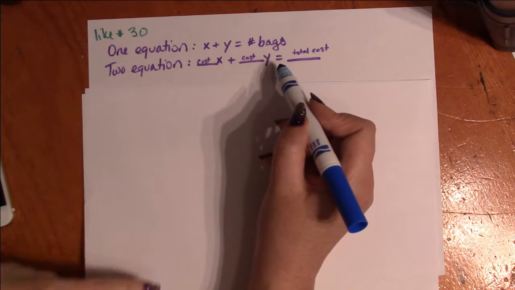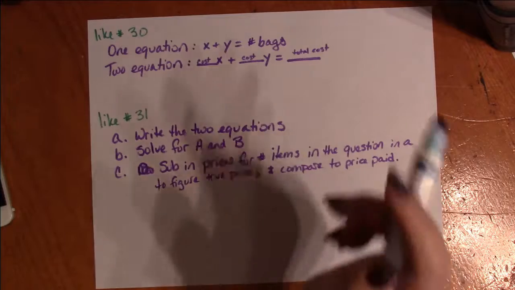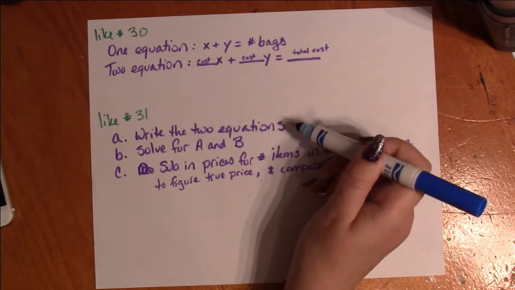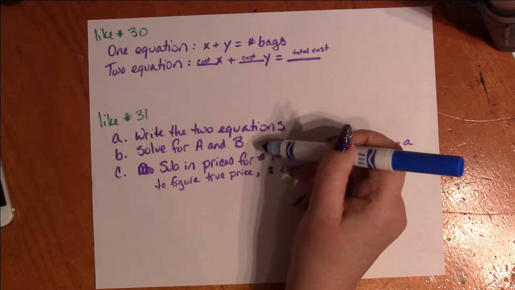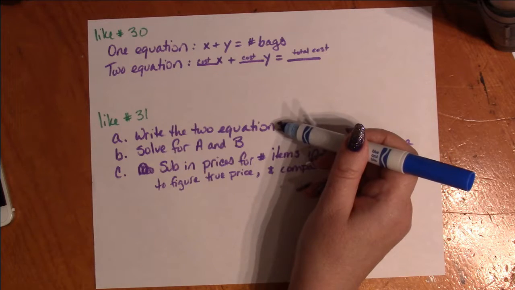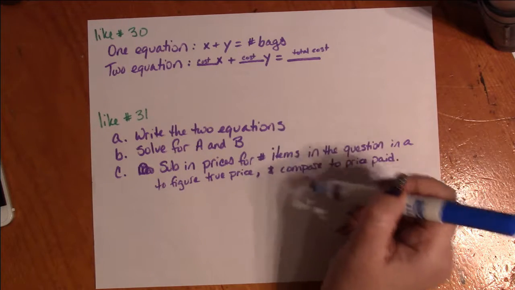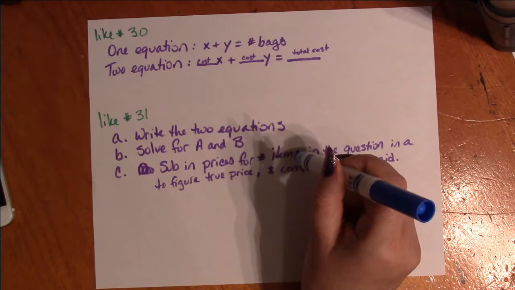Okay? And a question like number 31, if you read through 31, you're going to start by writing the two equations down, and they spell them out in A. B asks you to solve for both A and B, so you're going to solve your system of equations. And then C, you're going to substitute in prices for the number of items.